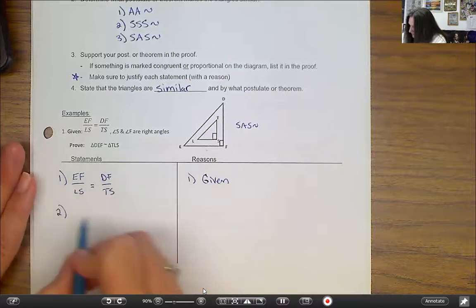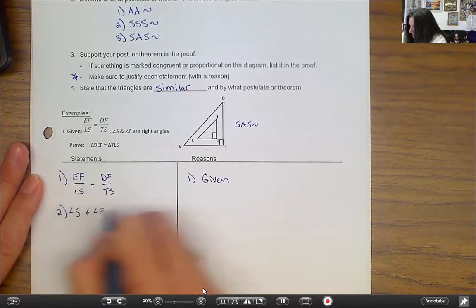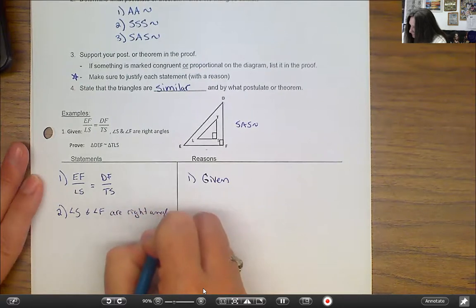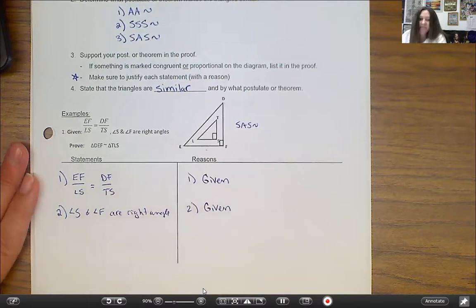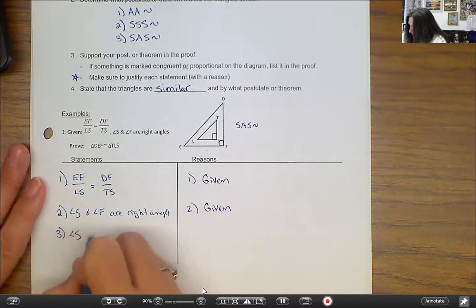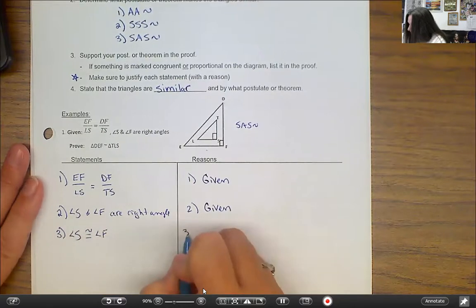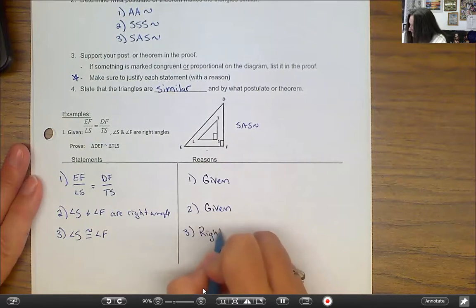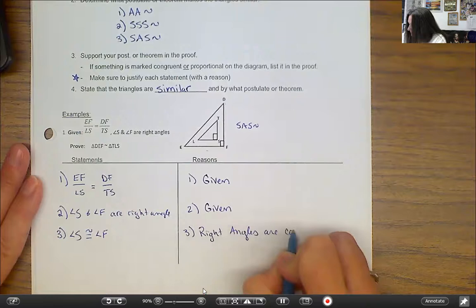Then in step 2, I know that angle S and angle F are right angles. That was also given. So then I can say that angle S is congruent to angle F because we know that right angles are congruent.